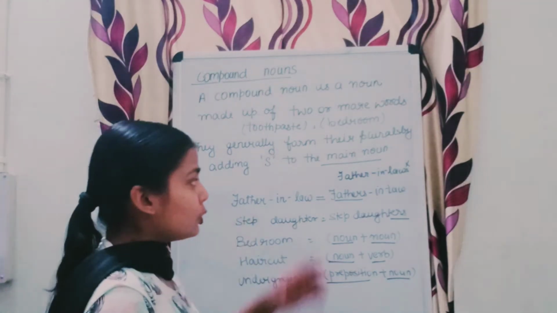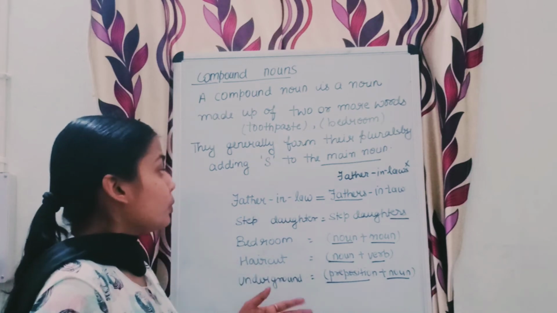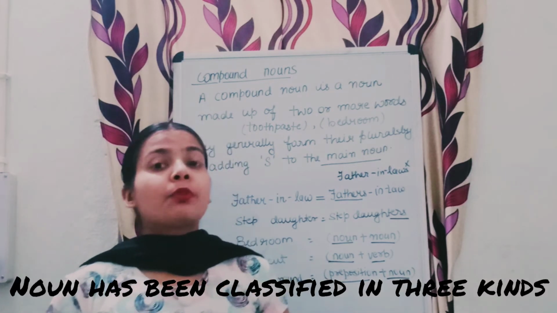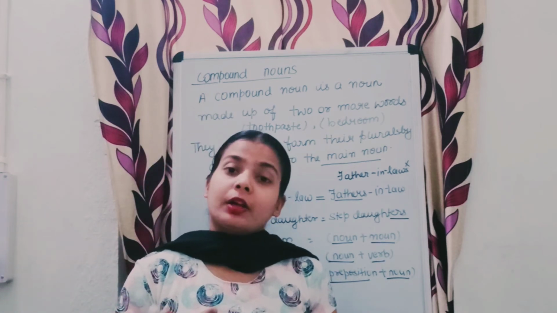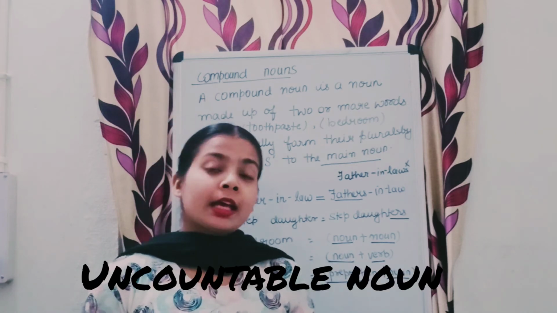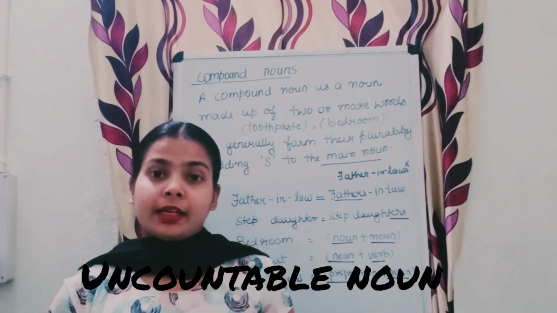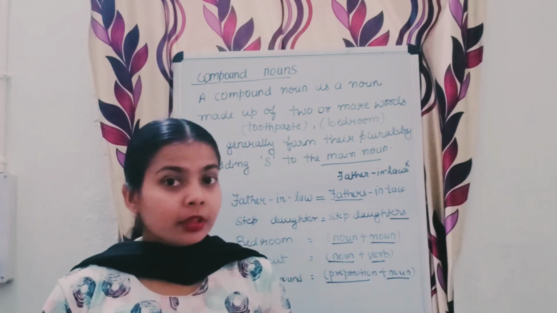So now you have learned what is compound noun. So today let's revise what we have learned. Today we have learned that a noun is classified on the basis of number, and it has been classified in three kinds: countable nouns, uncountable nouns and compound nouns.